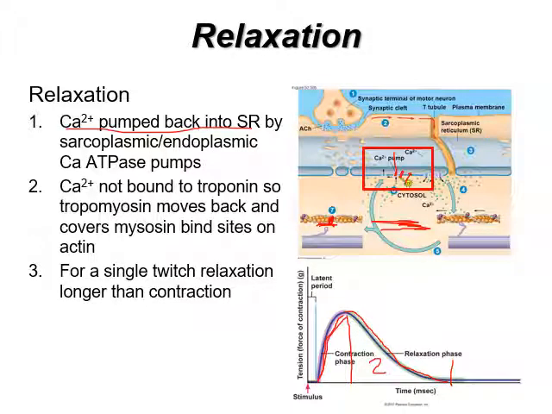Because here, calcium channels are opening, we get a rush of calcium, and then we get contraction, and then we get the slow pumping back, removing the calcium, and then we slowly get relaxation. There's another phase here before we actually see contraction, this latent phase. That's where the EC coupling is taking place. So all that action potential stuff is taking place here before we actually see the muscle contracting.